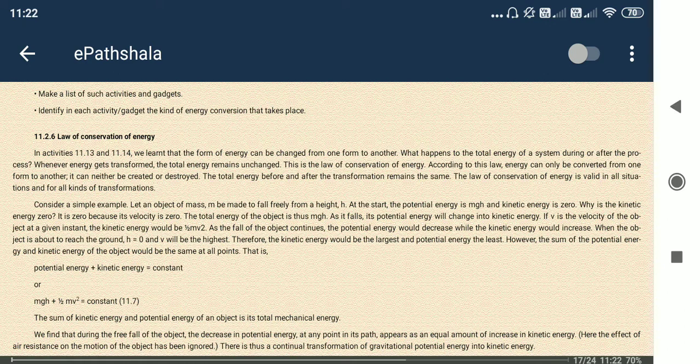Like one body has kinetic energy half mv square, but after some time it doesn't have kinetic energy. Maybe it has changed to potential energy.